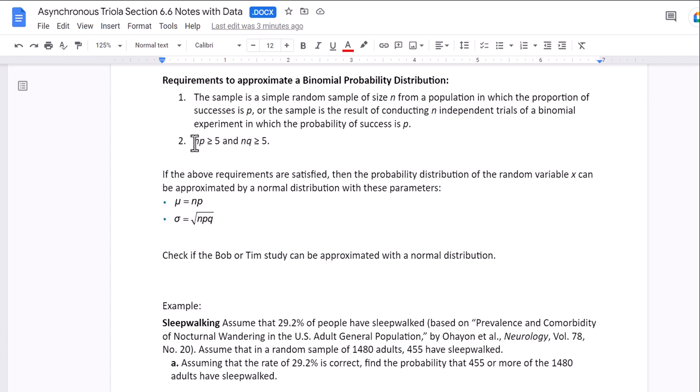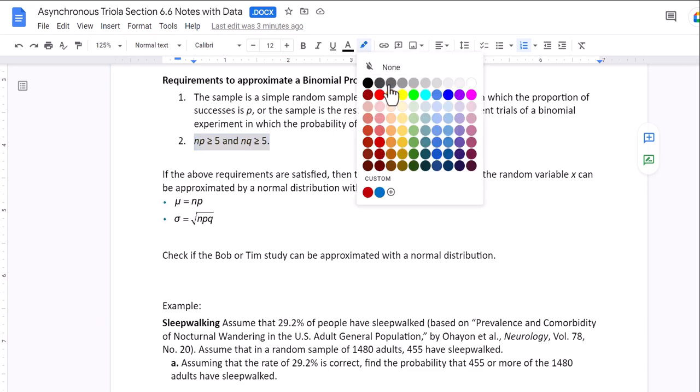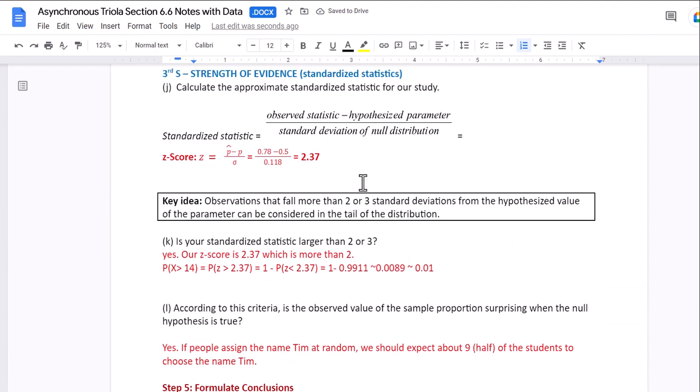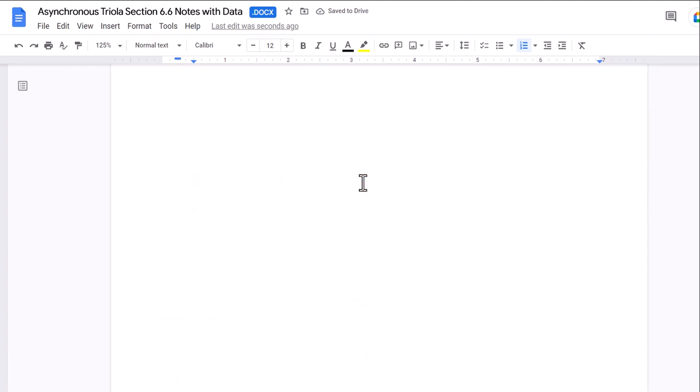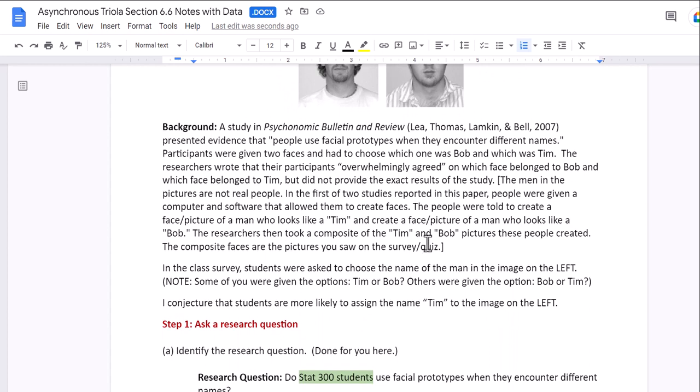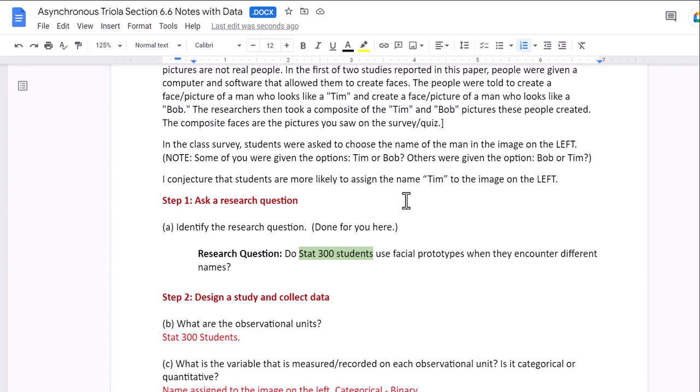So when this criteria is satisfied, then we don't have to use a simulation, right? So notice that here, going back to our data, I don't have anything given to me. I don't have the mean of the population. I don't have the standard deviation of the population. So I really can't do much with it.